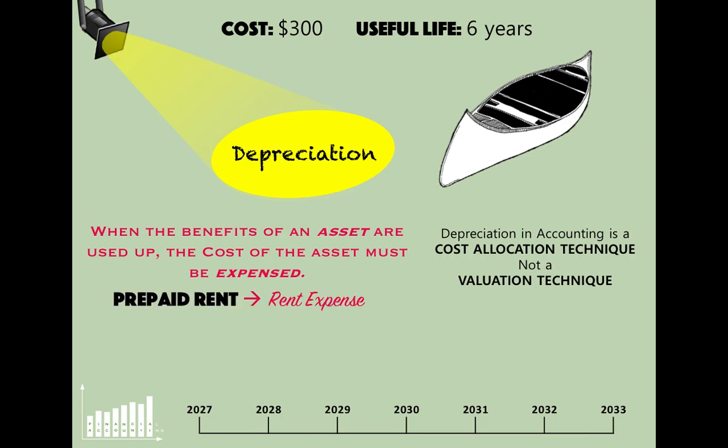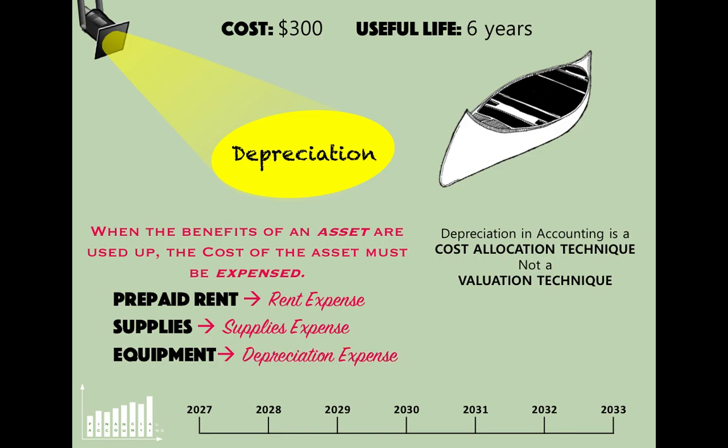We use up the benefits, we record rent expense. We talked about that with relation to supplies. When we use up the supplies, we record supplies expense. When the benefits of the asset are used up, we expense the cost. Now, what do we do when the benefits of the equipment are used up? We record what is called depreciation expense.